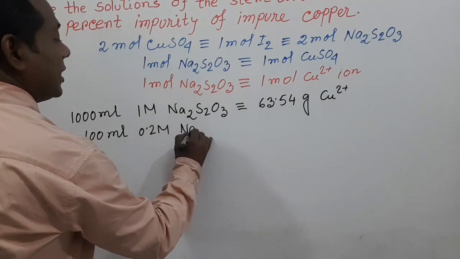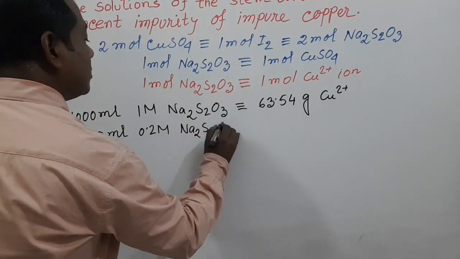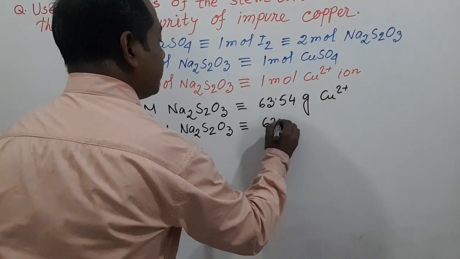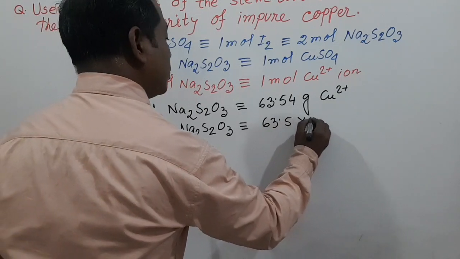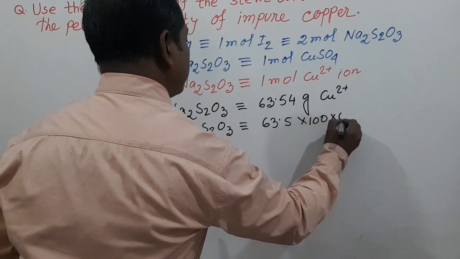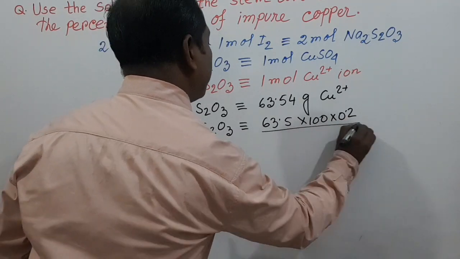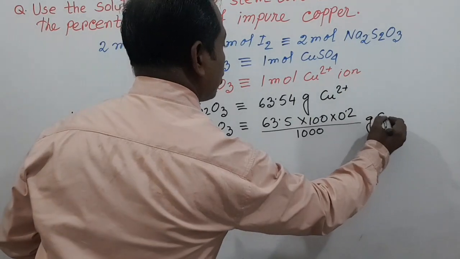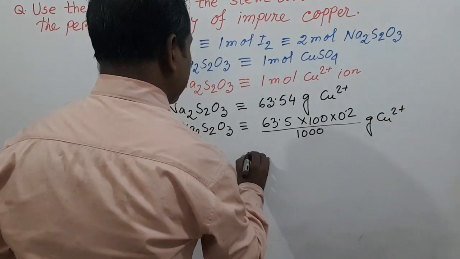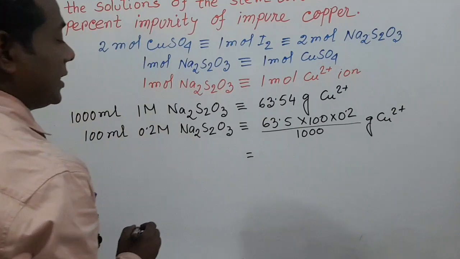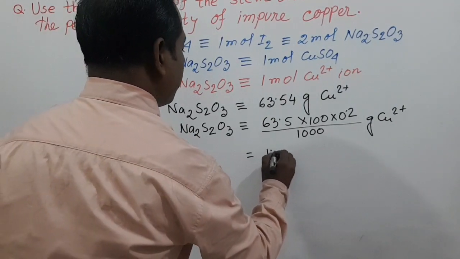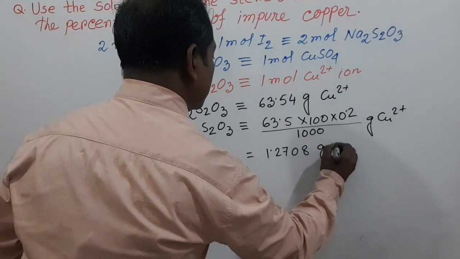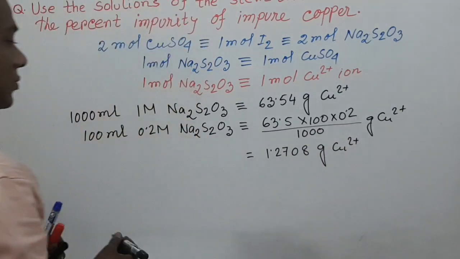Sodium thiosulfate is equivalent to 63.5 into 100 into 0.2 divided by 1000 gram copper 2 plus, and here we get the answer 1.2708 gram copper 2 plus.